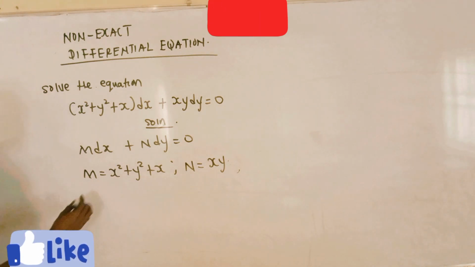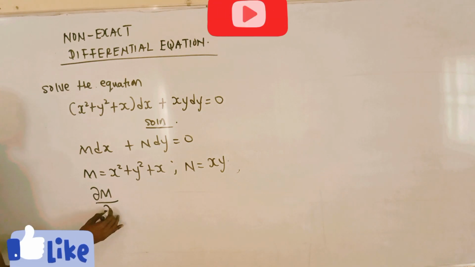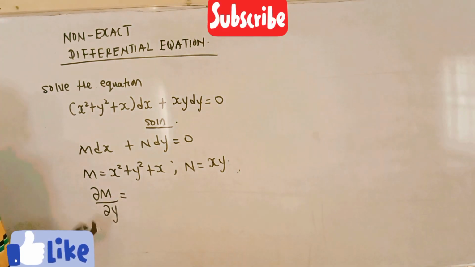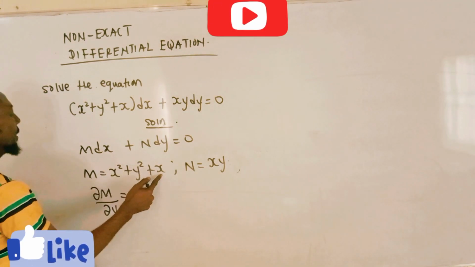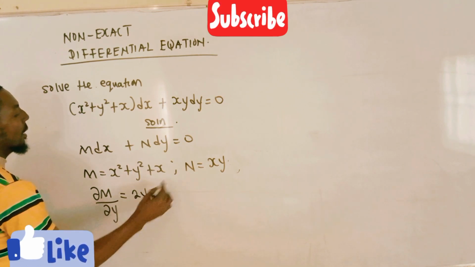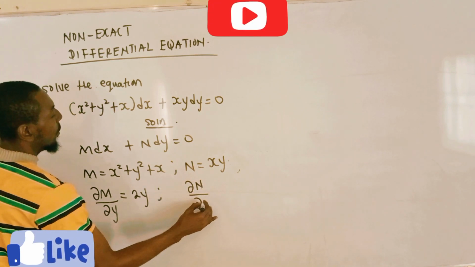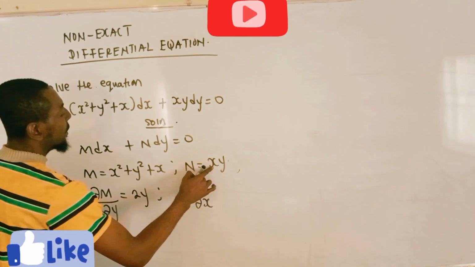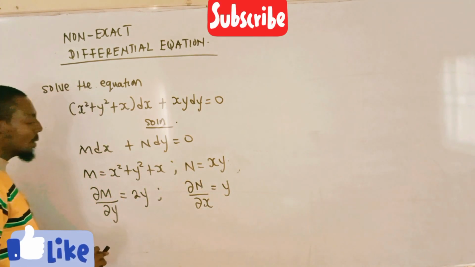So now, the partial differentiation of M with respect to y, to check whether the equation is actually exact or not. With respect to y, x squared is constant, so it's 0, then differentiating only this will give us 2y. And of course, partial differentiation of N with respect to x: differentiating x is 1 times y, which is y.